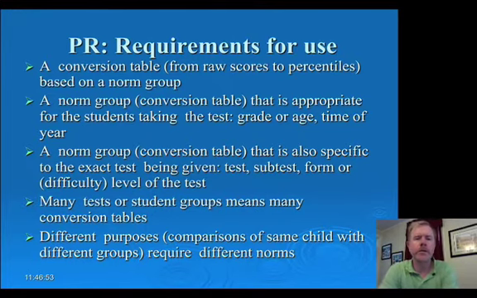There are a few requirements. First is that we have to have some kind of conversion table. We have to know what one's relative ranking was so that we can go from raw scores to percentile ranks. And when it's on a normalized set of scores, in other words, this is from a standardized test, those percentile ranks actually can be lined up to a z-score, a distribution score, and we can equate them to the percentile ranking on a test like that.